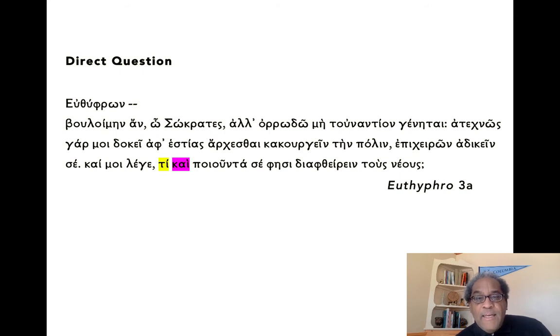Kai moi lege ti kai poiounta se phesi diaphtheirein tous neous." So this is the bit where, again, Socrates, with deep irony, says that he thinks that his accuser is actually going to do great things in Athens as a politician, because there's nothing more important than how you educate and bring up the youth, and he's attacking Socrates for corrupting the youth.